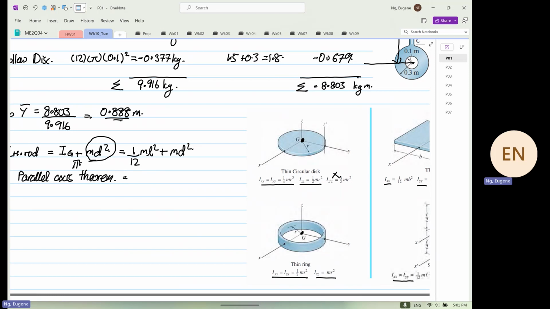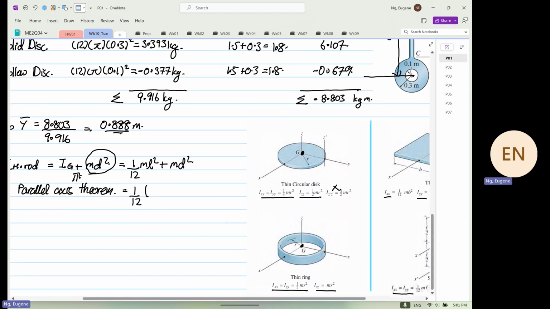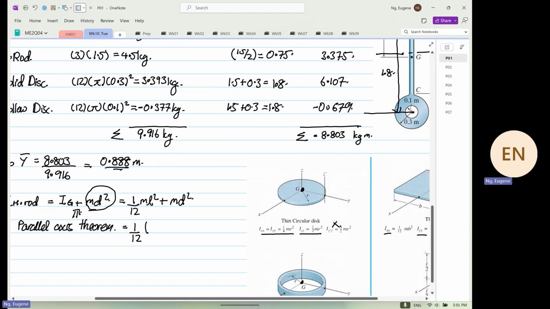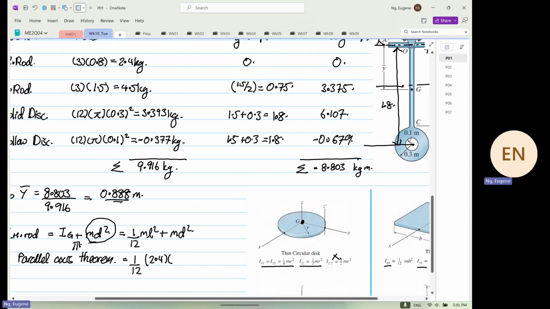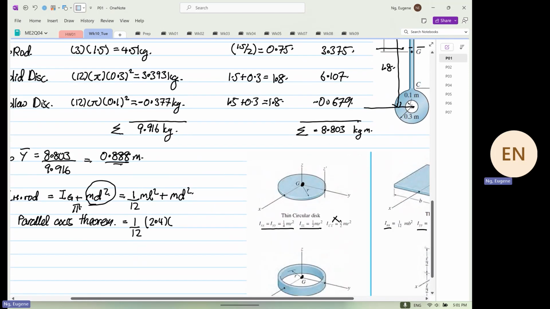So this will be equal to 1/12. The mass we know is equal to what? The mass is 2.4. The length is 0.8, so 0.8 squared, plus the mass over here is 2.4. Now, what is the D?